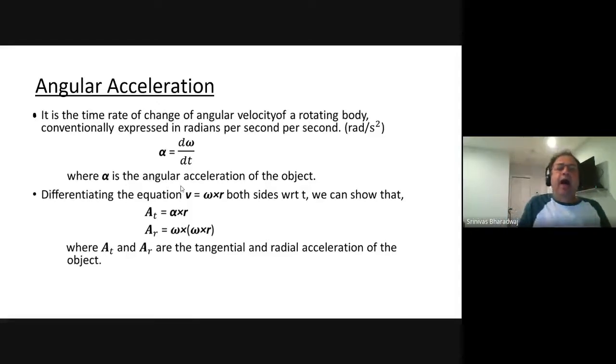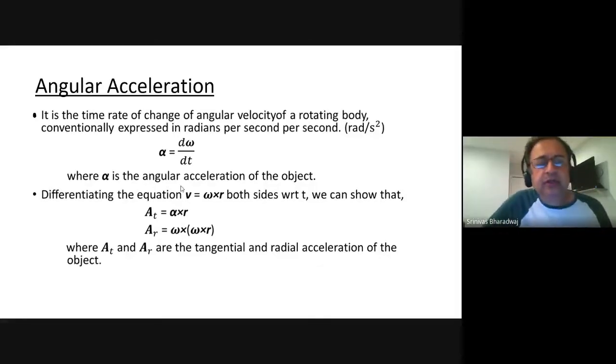So now alpha cross r will again give you, just like omega cross r gave you v, a tangential quantity. Omega cross r gave you velocity, and alpha cross r gives you tangential acceleration.